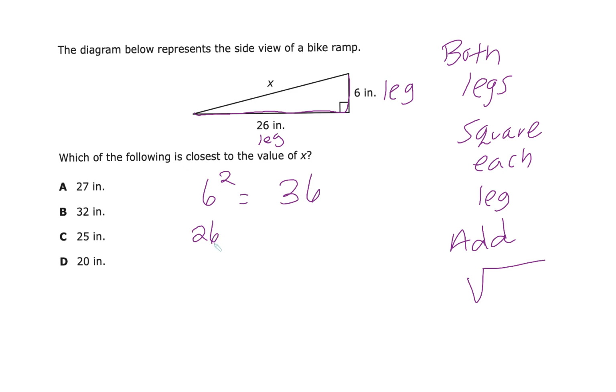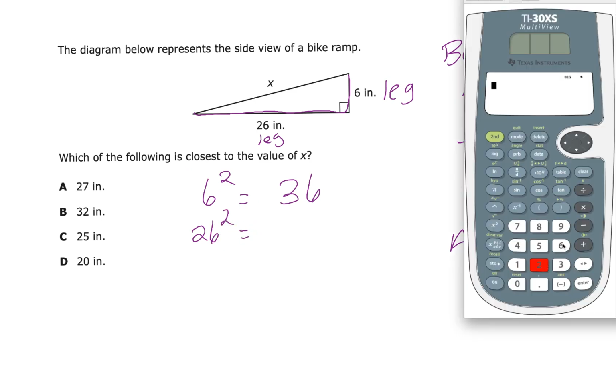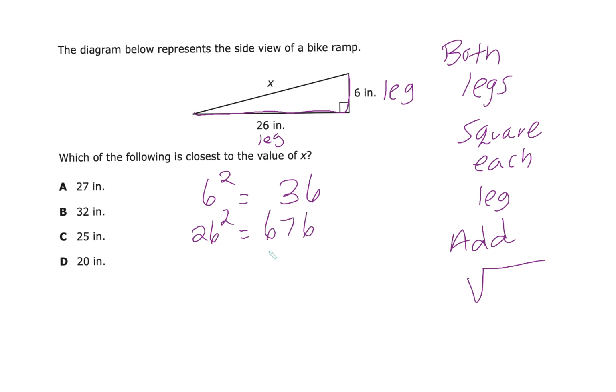I have 26 I'm going to square. I need my calculator. So 26 squared is 676. Remember I said when you have both of the legs, you're going to square them and then you're going to add. So notice I squared each leg. Now I'm going to add them. I put my plus sign right there.